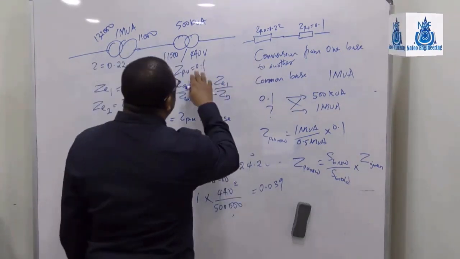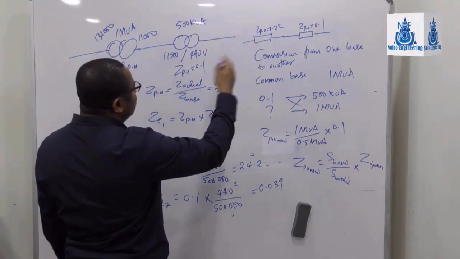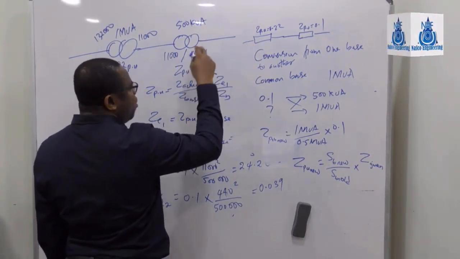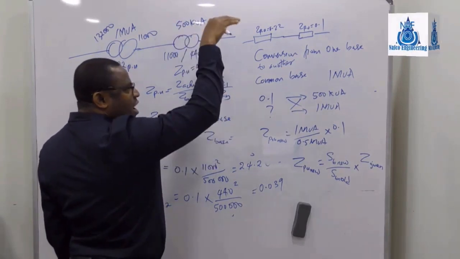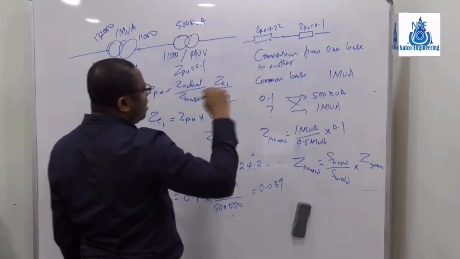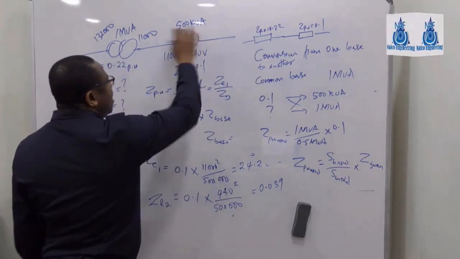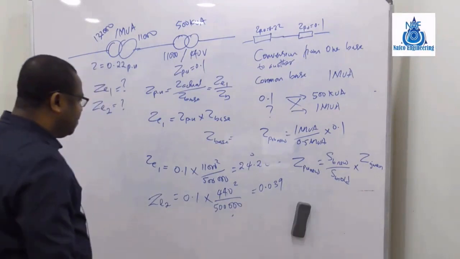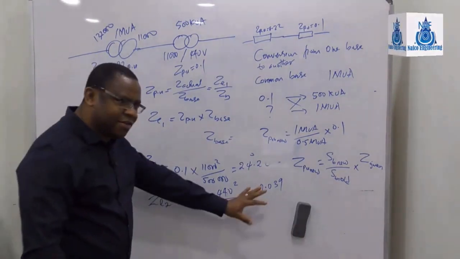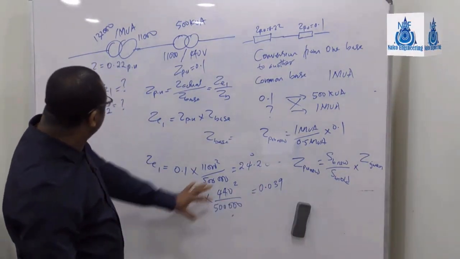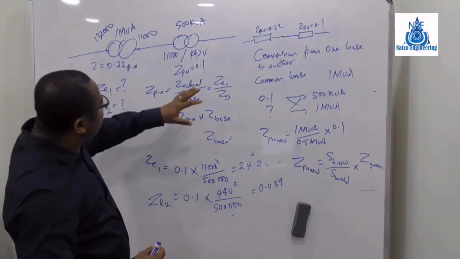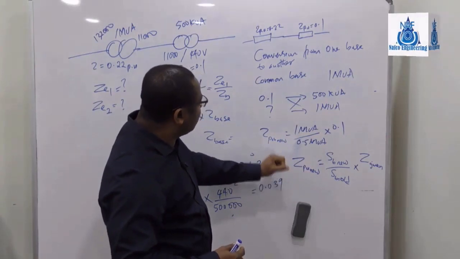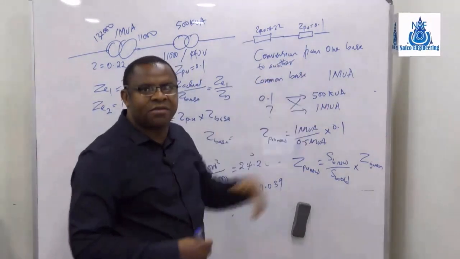If I want to convert this to a new base, it will be this that is given to me multiplied by the S base new divided by this S base. Did you get that? So that is how we convert the impedances from one base to another.